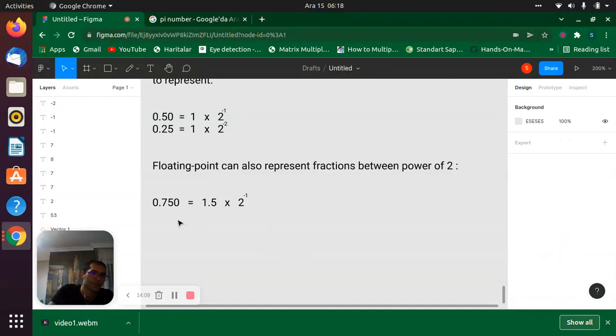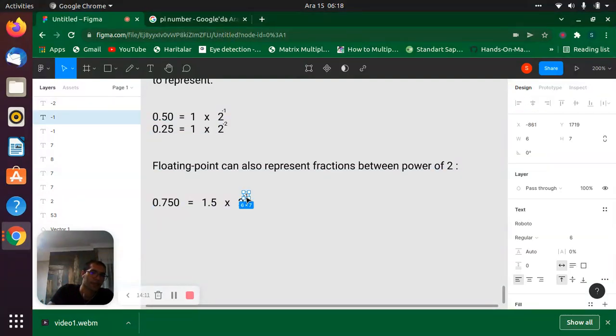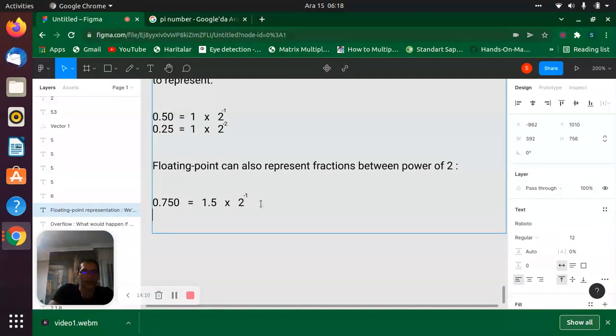I have to be fast. 0.375, what will it be? 1.5 again, 1.5 times 2 to the power of minus 2. It will be 2 times 2, which is 4. Minus 4.